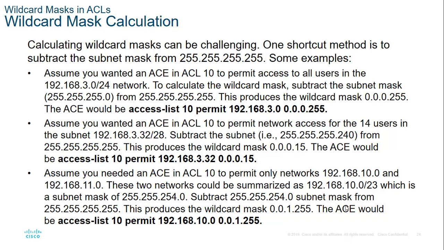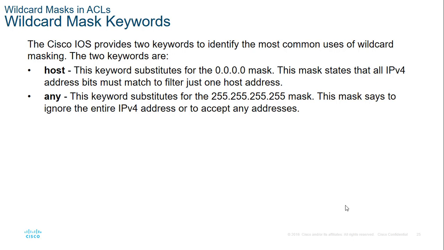Because of 255.255.240, you've got a number of contiguous networks. You have 16 of those networks; 2 to the 4th is 16. We come back the other direction, 255.255.240.0, which gives me a wildcard mask of 0.0.15.255.